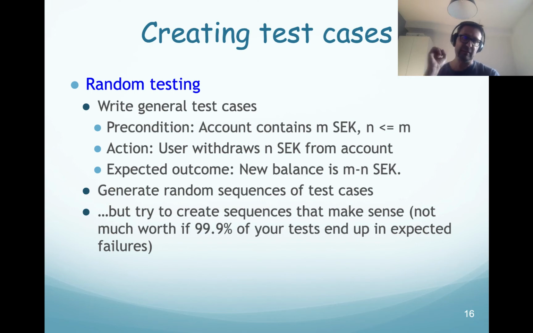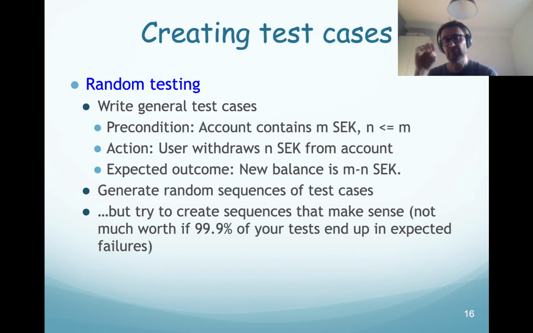So you write general test cases. You say that the precondition is the account contains a certain number of crowns, M, and you select a value N which is smaller than the amount in the account.